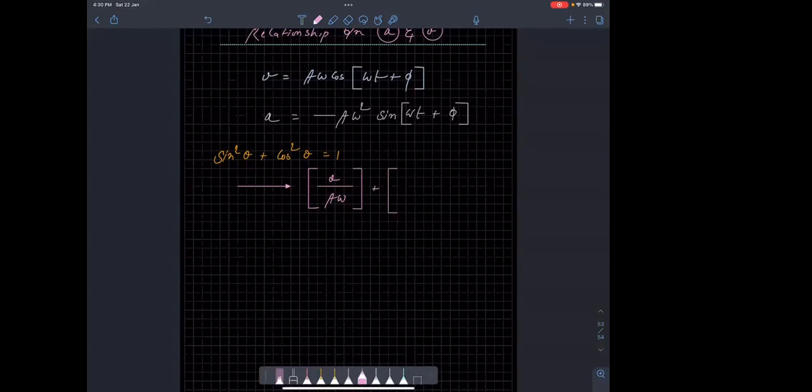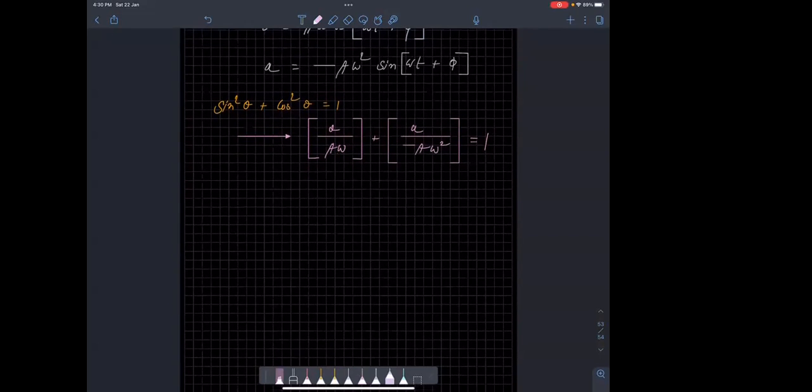Even if you keep a minus, it will anyway become plus. So it will be a by minus capital A omega square, whole square. Even if you don't write the minus, you'll get the same thing, but we'll write it for understanding. Equal to 1. Clear? Yes, sir.